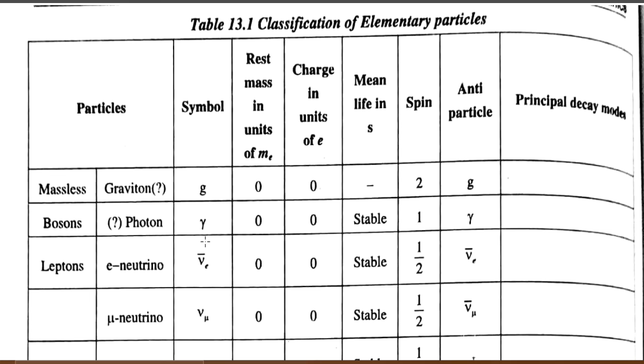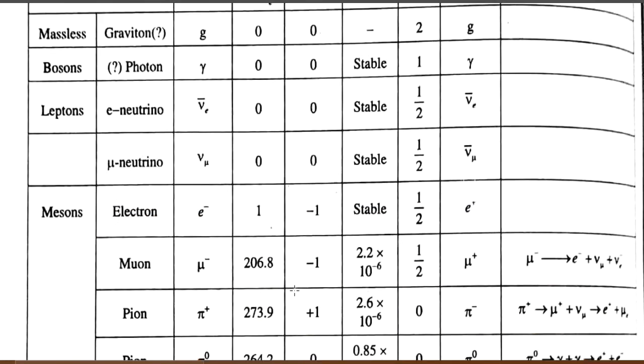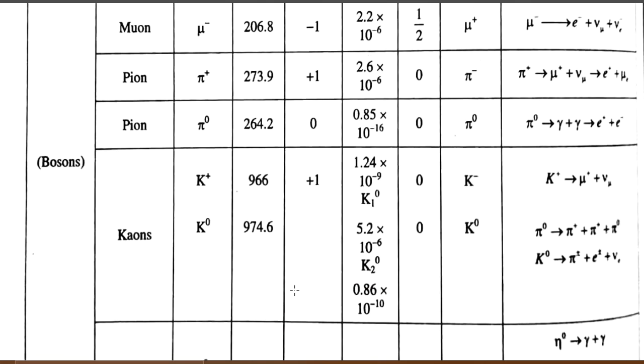Similarly, photon denoted by gamma symbol, rest mass 0, charge 0, it is highly stable, and spin is +1, antiparticle is gamma minus. Similarly, you study this table completely on your own.